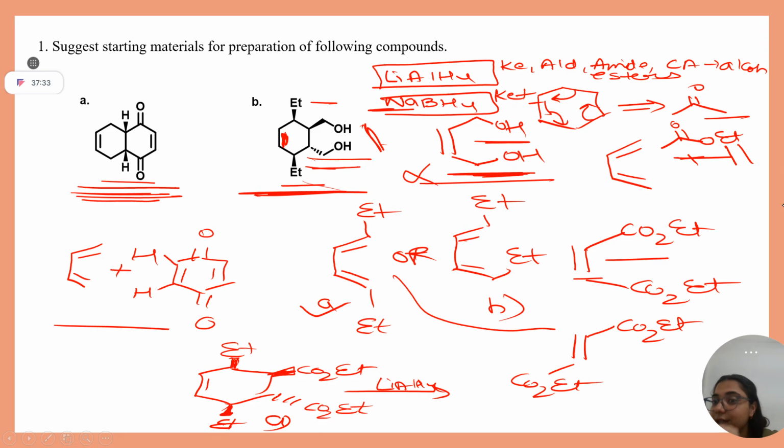In an ester, the oxygen lone pair can push and make the carbonyl electron rich relative to the ketone. So among ketone and ester, ketones are more reactive for nucleophilic addition.